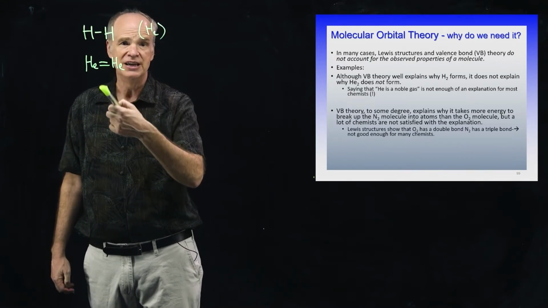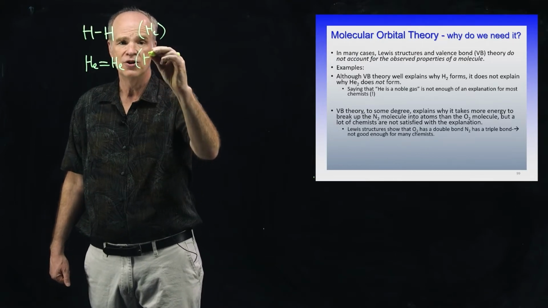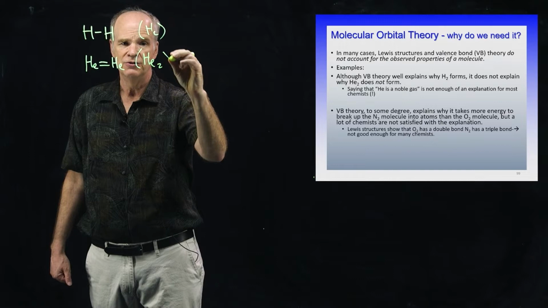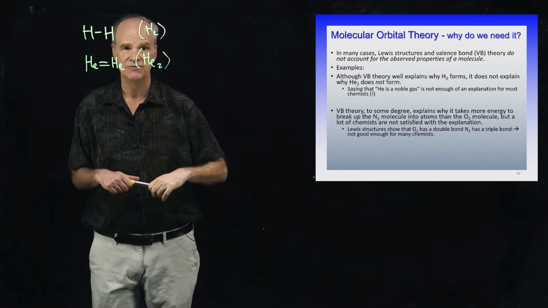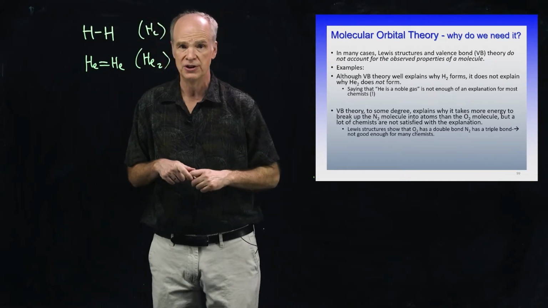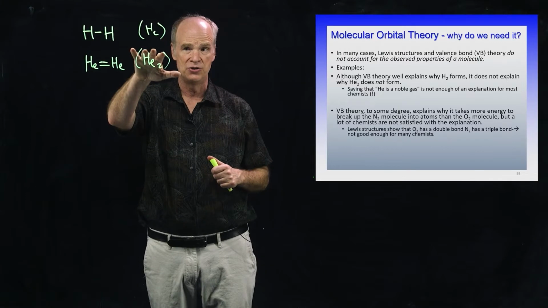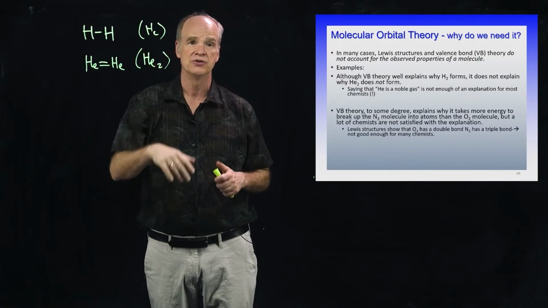Valence bond theory does not explain very well why this cannot form. So that is a problem with valence bond theory. And then what we can do instead is use molecular orbital theory to explain very clearly how it can be that the H2 molecule forms, but the He2 molecule does not.